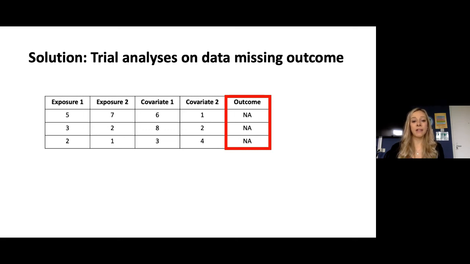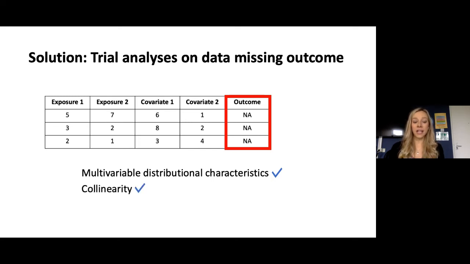And this could mean that researchers could assess multivariable distributional characteristics and assess things like collinearity between variables and predictors of missing data. But crucially, they wouldn't be able to look at any relationships between exposures or covariates with the outcome, which is usually the main point of interest or analysis done in the actual research that they want to conduct.